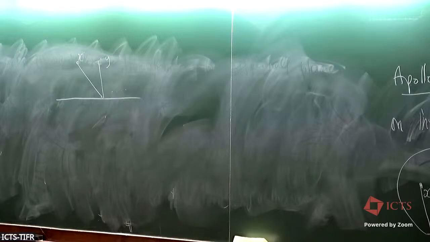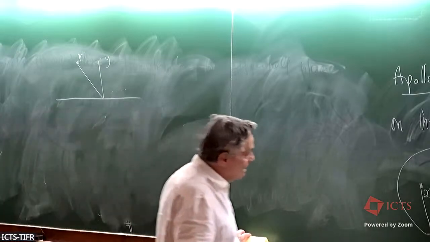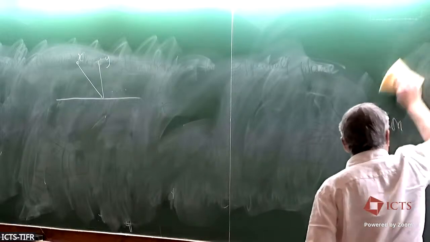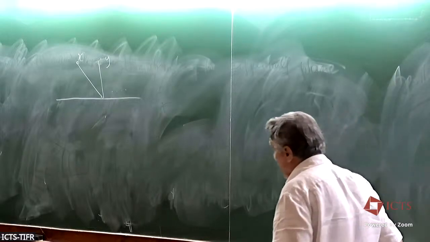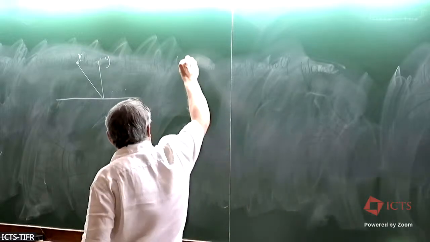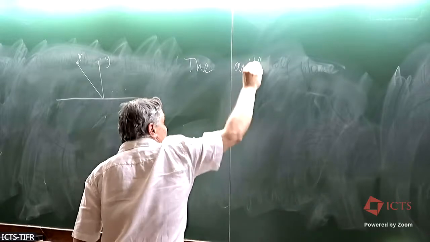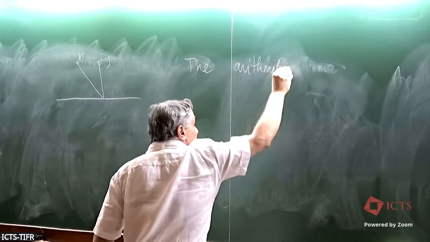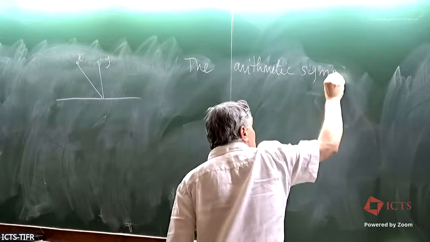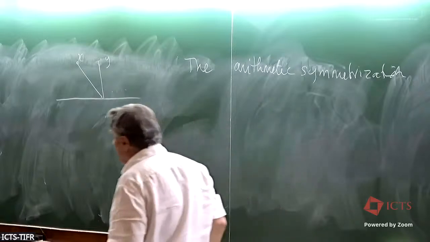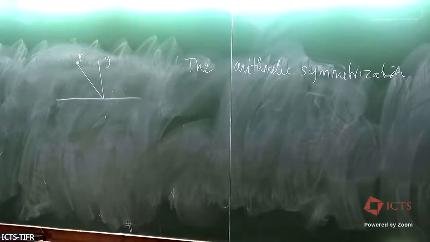And now one important fact here, in fact, is that the arithmetic symmetrization. So let's call it here the Apollonian metric. I didn't give it a name. Let's call it zeta.